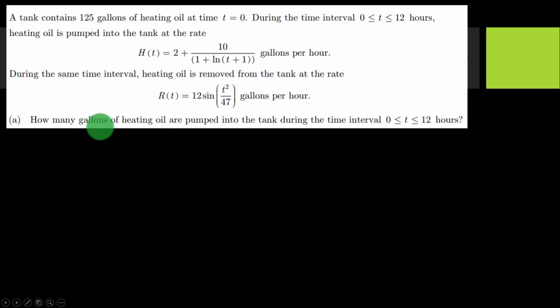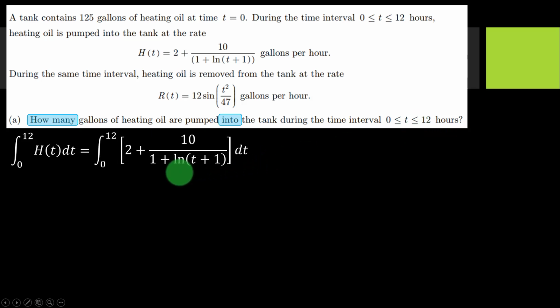Part A, how many gallons of heating oil are pumped into the tank during the time interval 0 to 12? How many? If we want to know how many, we integrate the rate. And we are going into the tank, so we're going to use our function for rate in. They give us the bounds too, really nice. The integral from 0 to 12 of h of t.